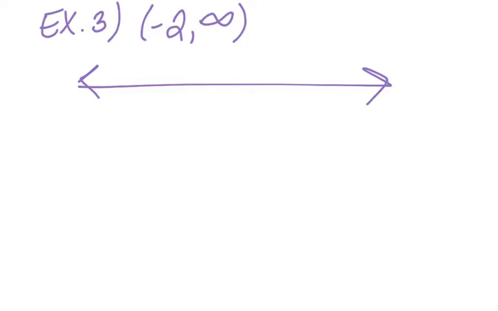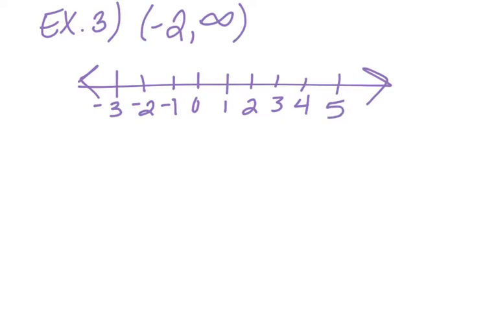Okay, now look at our next example. We have another interval. This one's just written a little bit differently. So this means we're graphing the interval from -2 to positive infinity. So whenever we are graphing, it does not necessarily matter what is on our number line. We just need to make sure that the interval or the actual number is there. So we're going to start with -3, -2, -1, 0, and just keep on going until we fill in our number line.